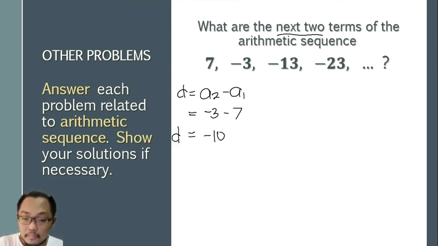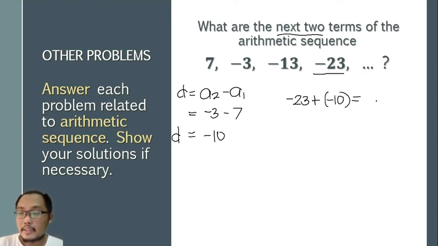And the same with our previous example, since the last number in the sequence here is negative 23, we may get the next term by adding the common difference of negative 10, which gives us negative 33. So that means the next term is negative 33.